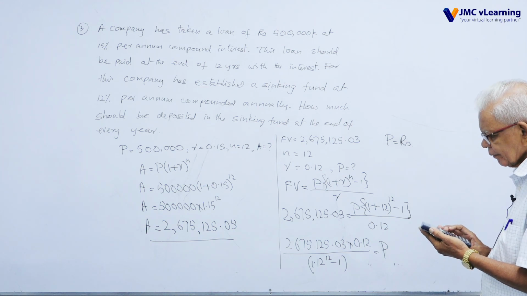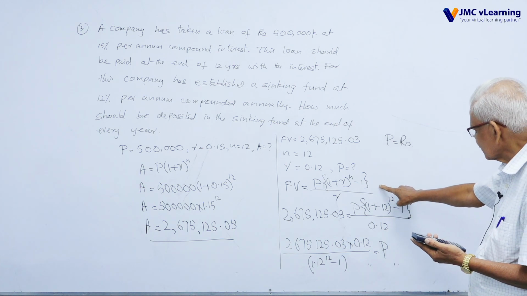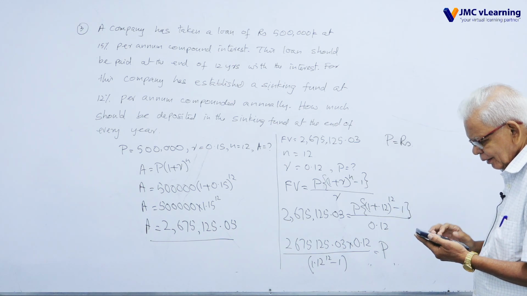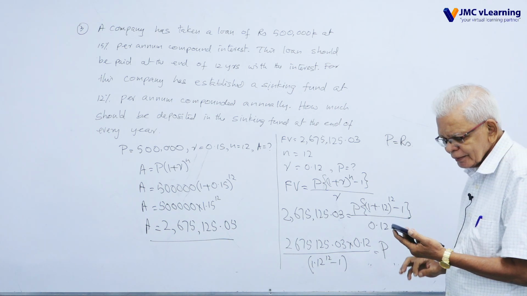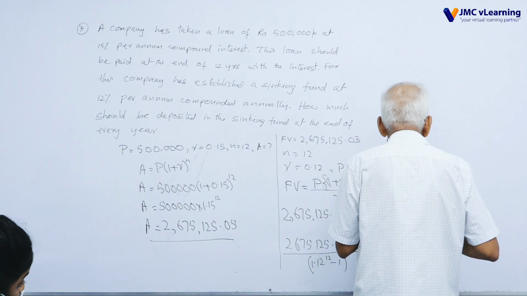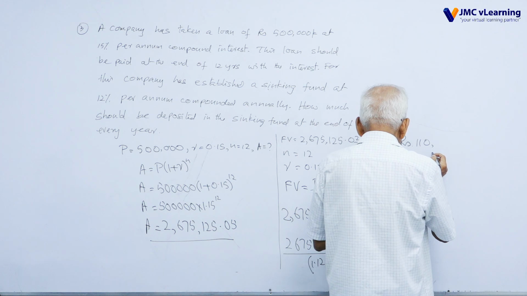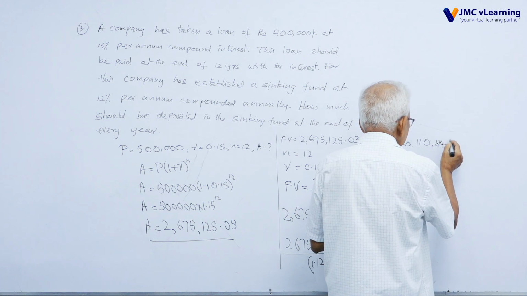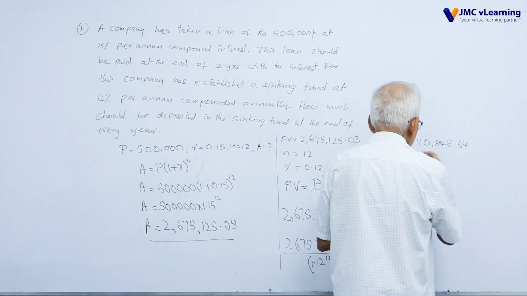Now see, what I have written is correct also, right? You also just check that one. This is the formula that should be used. This is the answer that I got, 110,000, no? Yeah, rupees 110,848 and 64 cents.